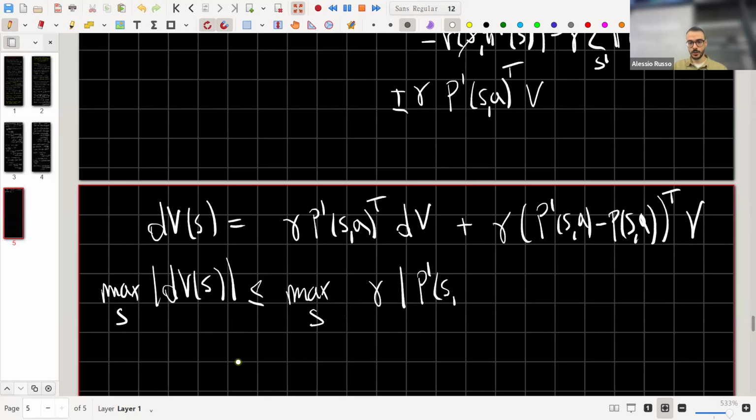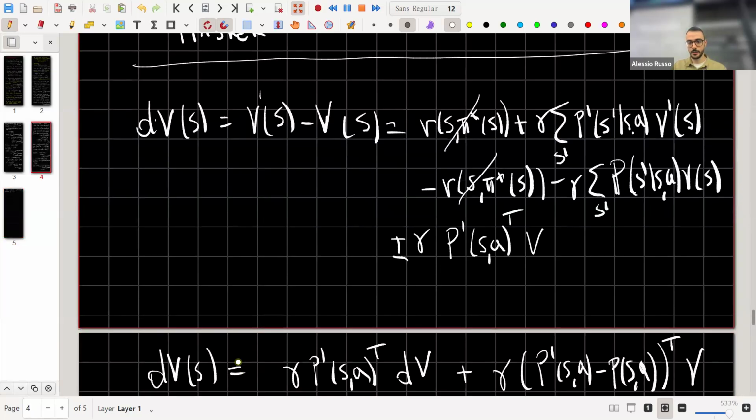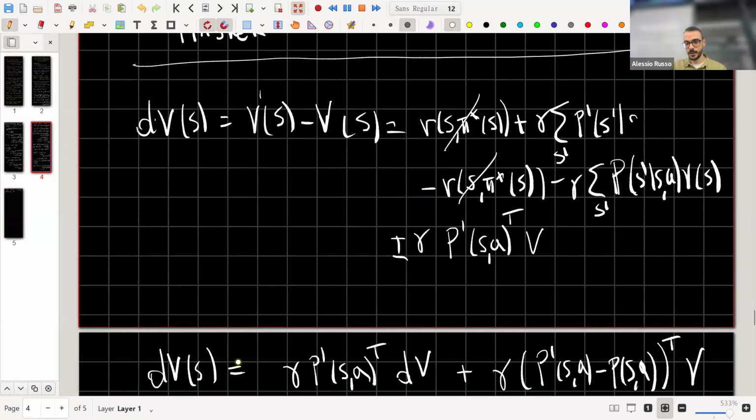This is not actually A, but it's pi star of S, because we are following the policy pi star of S. So here we actually have S, pi star of S, V prime of S prime, and also here we have P of S prime given S, pi star of S, V of S prime.